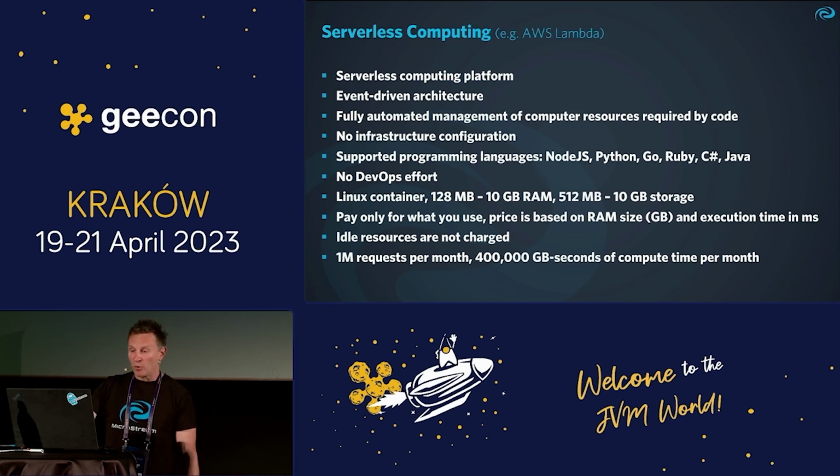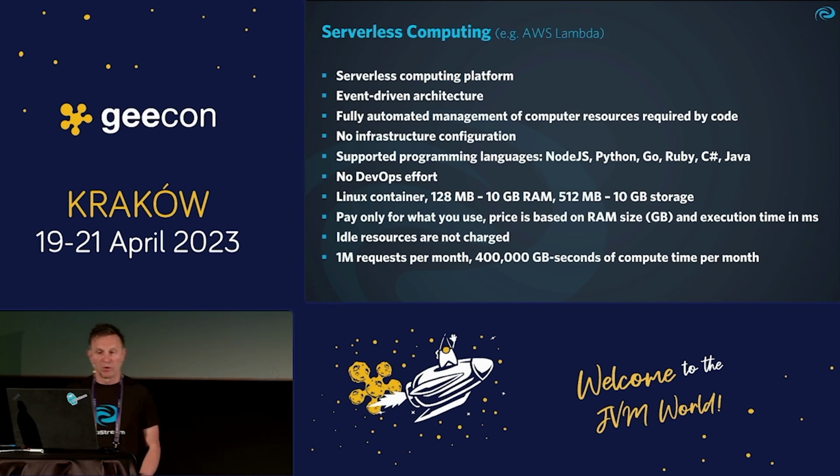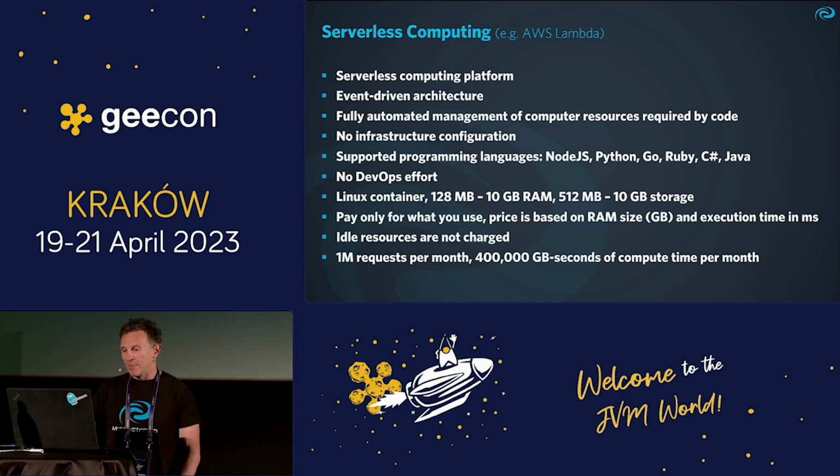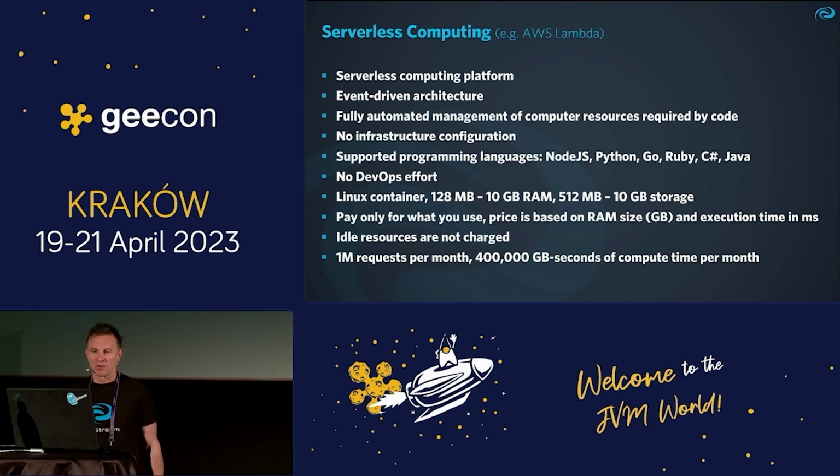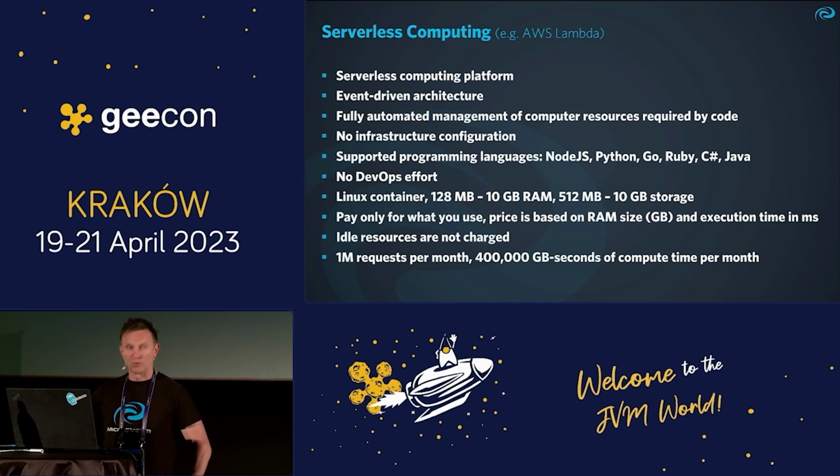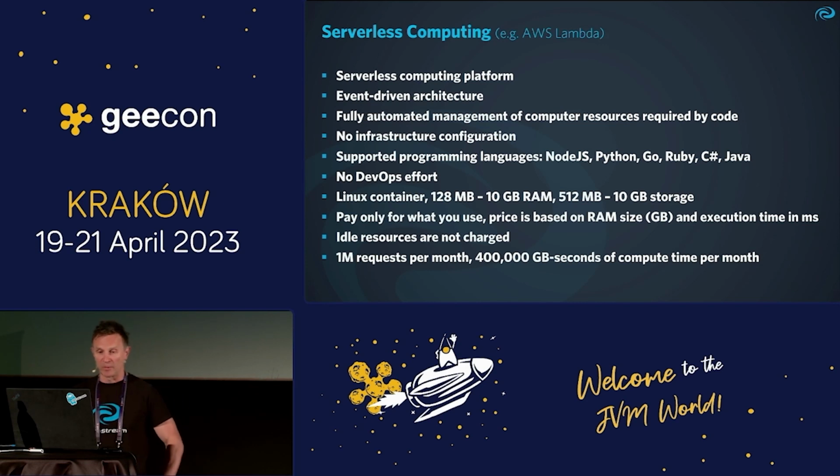And of course, it supports Java. Here we can also see it supports other programming languages. But with Java, we are more effective because of the great JVM and JIT compiler. We are much faster, and now we have also solved the startup time and warm-up time of the JVM. So that's great.